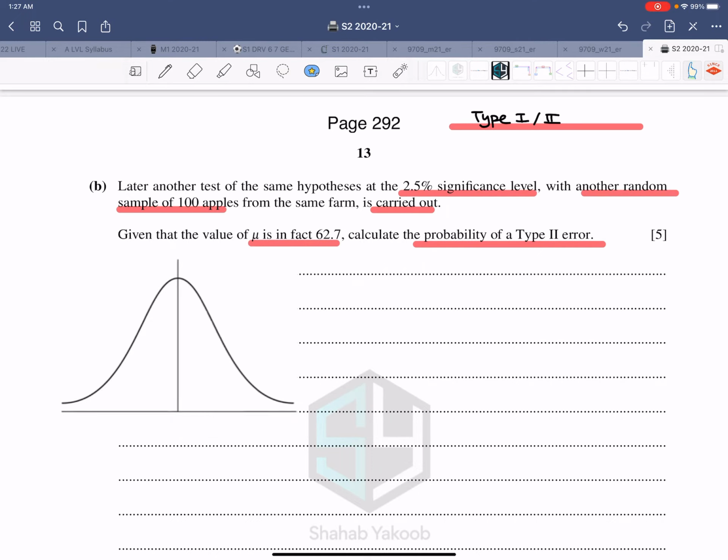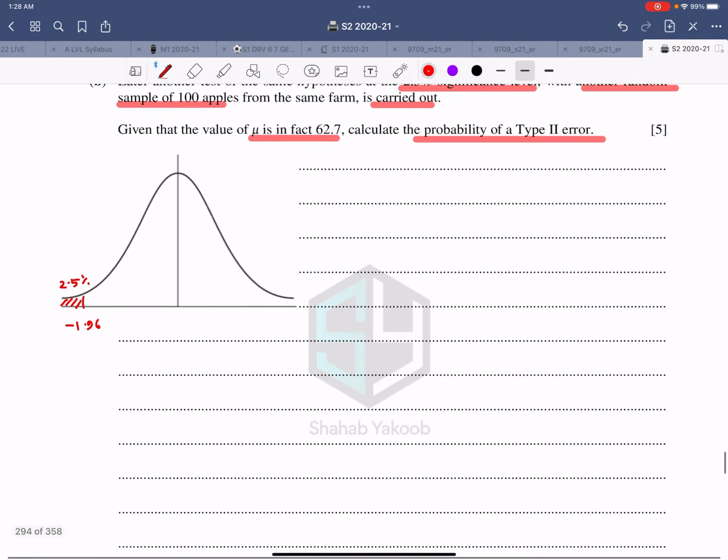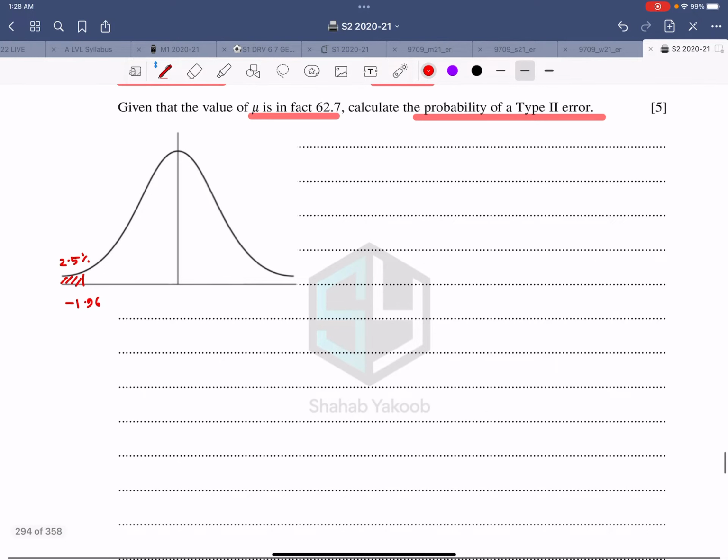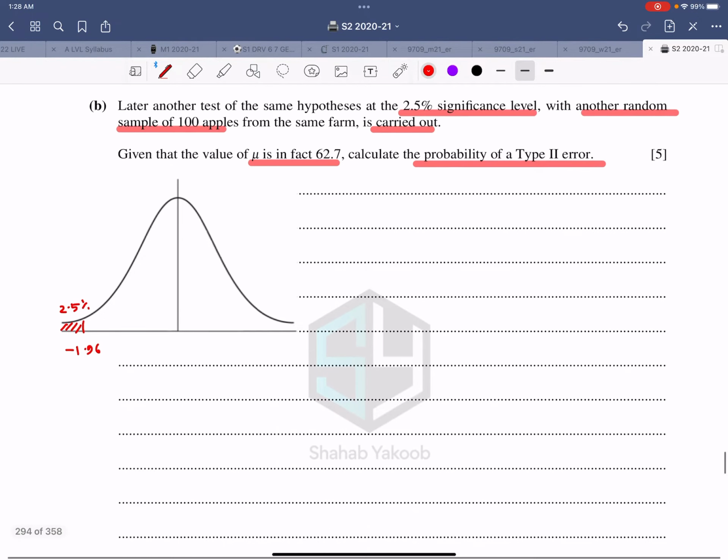First of all, let me label this percentage again. That is 2.5%. This is negative 1.96. And I am actually looking for the corresponding value for this negative 1.96. So z is x bar minus mu over the square root of sigma squared over n.